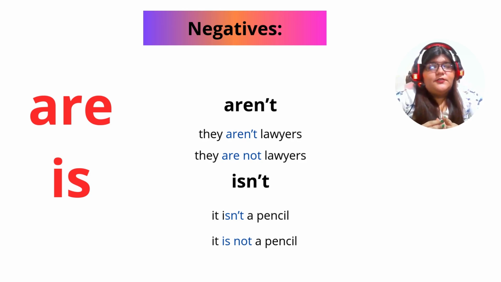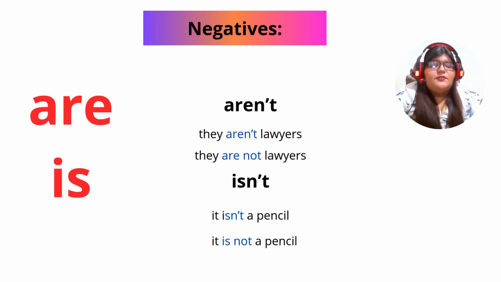For example, if someone asks you, are they lawyers? You can say they aren't lawyers. They are not lawyers. Denying that something is true.